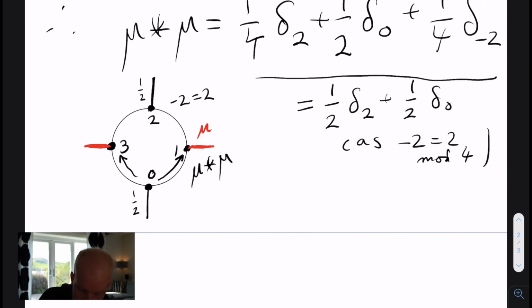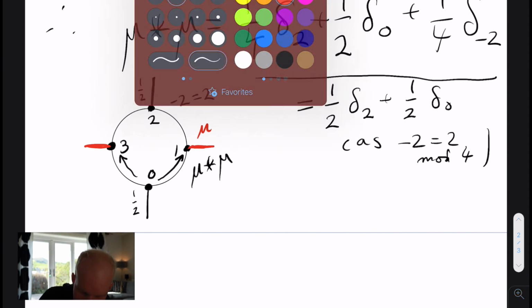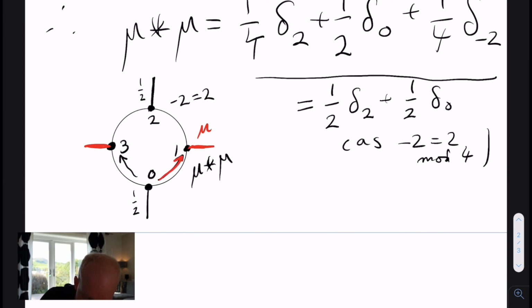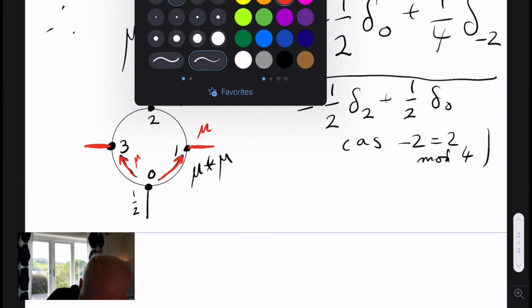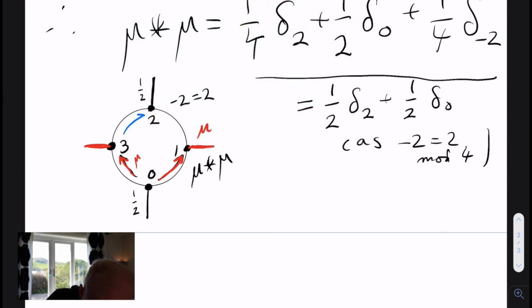So that's the first step of the mu. When you apply the mu once, the only place where you can move is these 2 points. And then when you are at this point, the only places where you could move is with probability half to the left or probability half to the right again. And the same way from here.